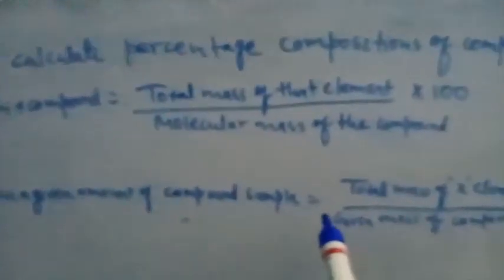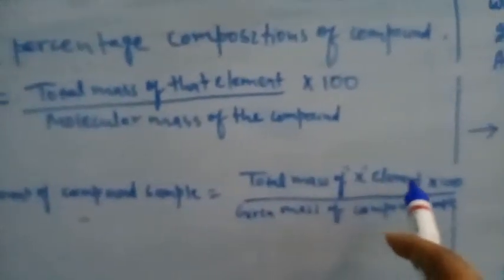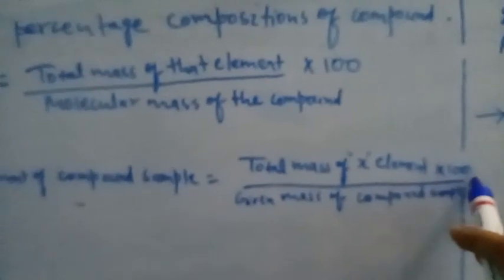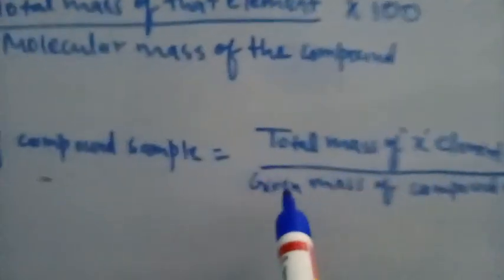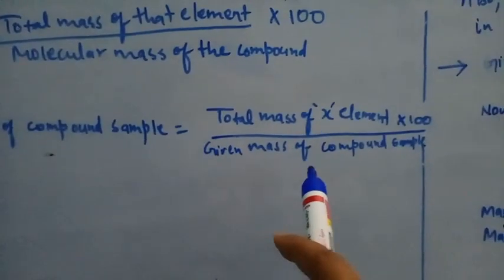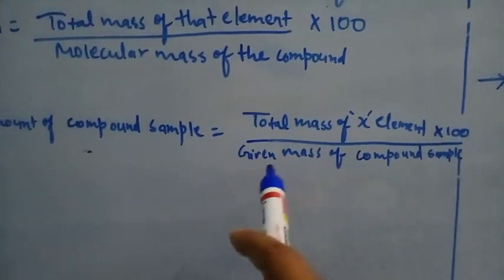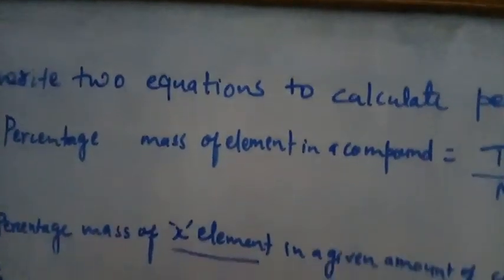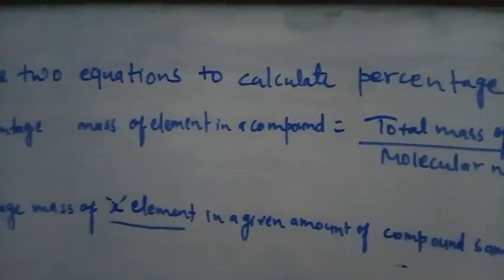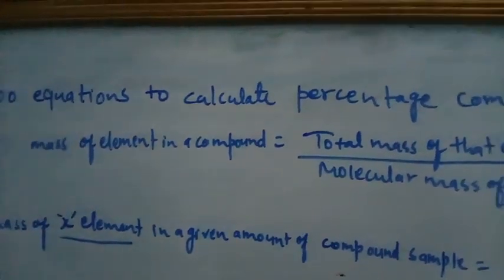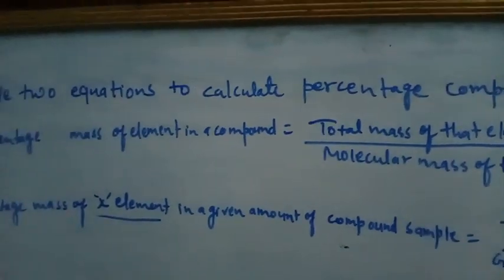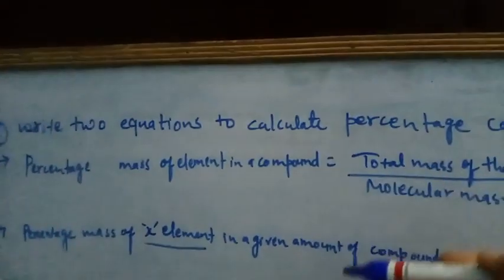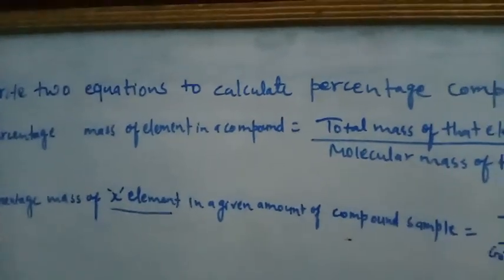It is equal to the total mass of element X into 100 divided by the given mass of compound sample. From that you will get the percentage mass of the individual element in that compound sample. So these were the two equations. Depending upon the question, you have to use either of the two equations. Okay, thank you.